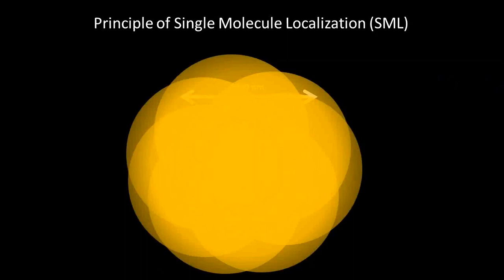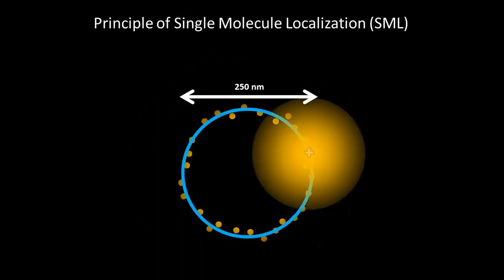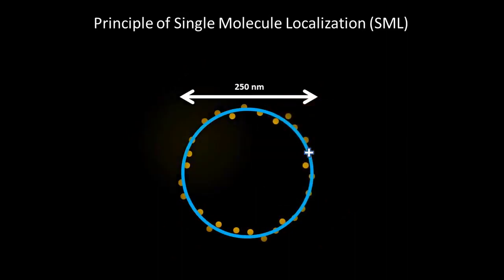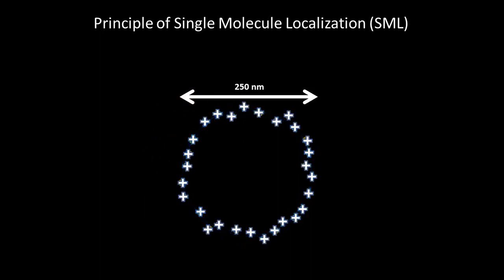Now, in order to circumvent this, what you can do is engineer your sample and then image it in such a fashion that you only have a few molecules on at any single time. Which means you need a way to turn these molecules on and off and also control the density of the molecules. That's where the photophysics of the molecules come in.